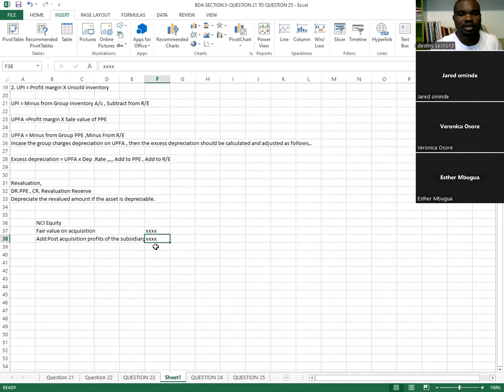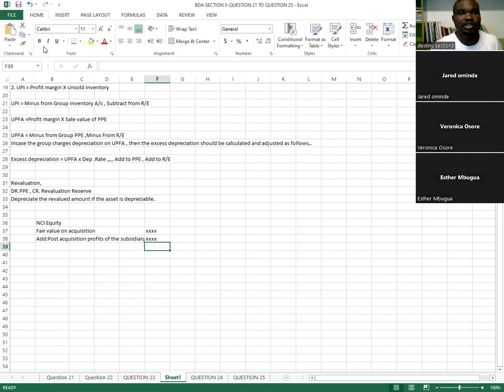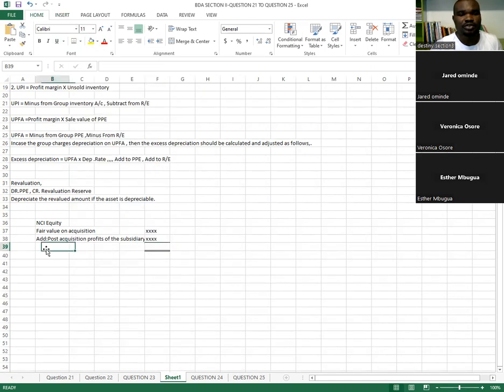Then what you get is what you take to the balance sheet, to the CSFP. The CSFP is the consolidated statement of financial position. So that is what you will take there as far as equity is concerned, the equity of minority.